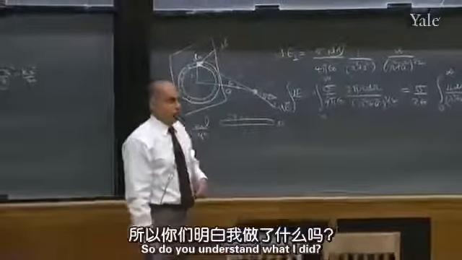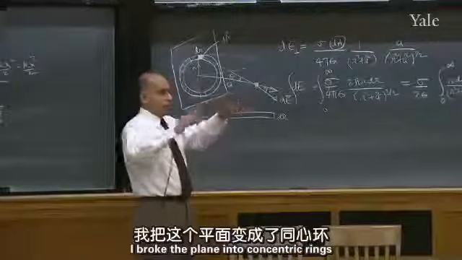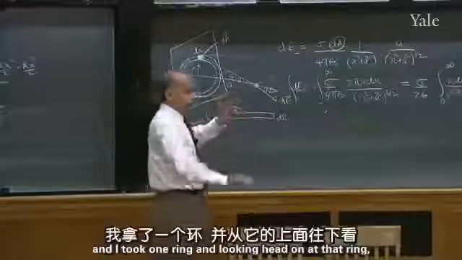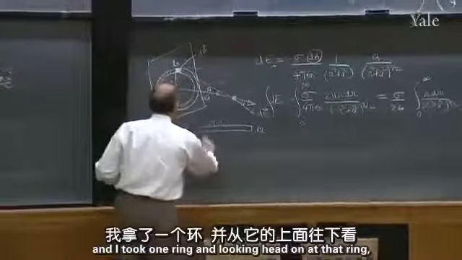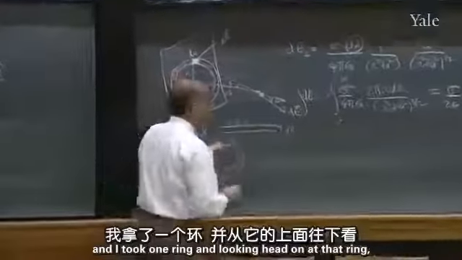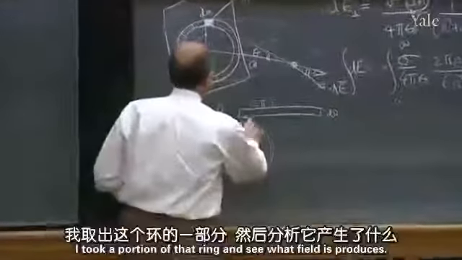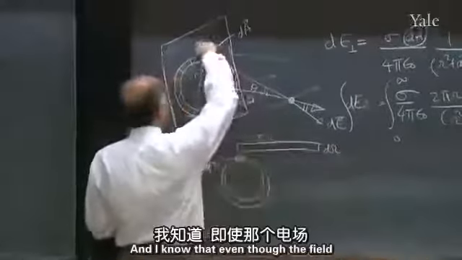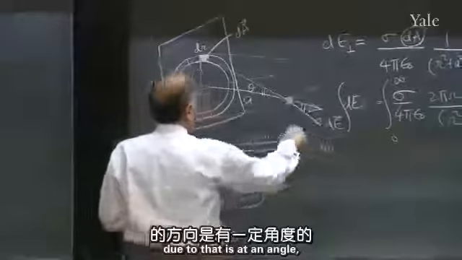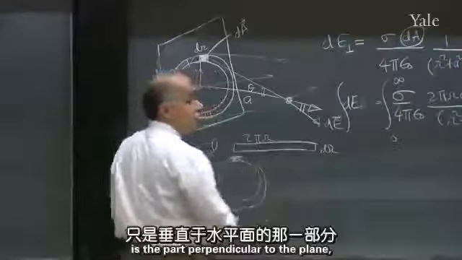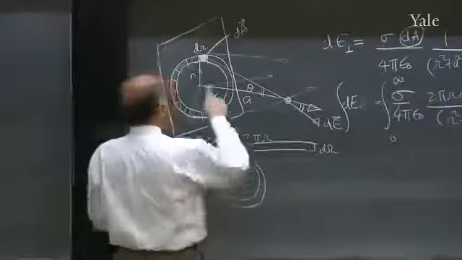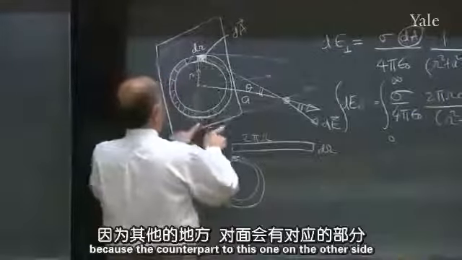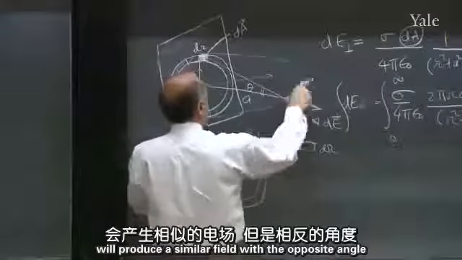So do you understand what I did? I broke the plane into concentric rings, and I took one ring. I'm looking head on at that ring. I took a portion of that ring and saw what field it produces. And I know that even though the field due to that is at an angle, the only part that's going to remain is the part perpendicular to the plane, because the counterpart to this one on the other side will produce a similar field with the opposite angle here.